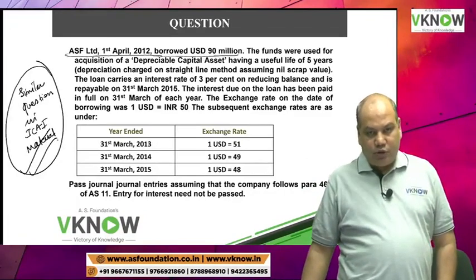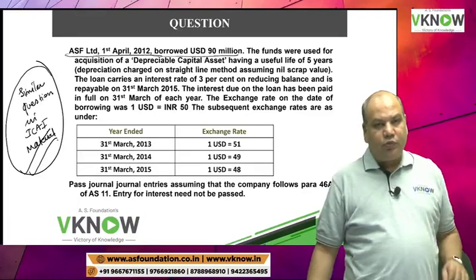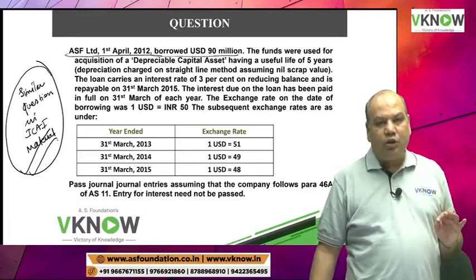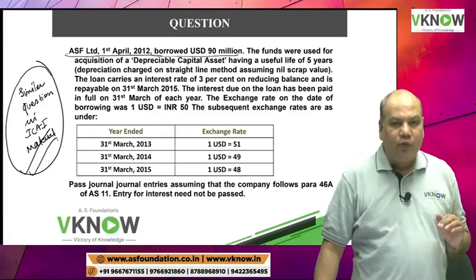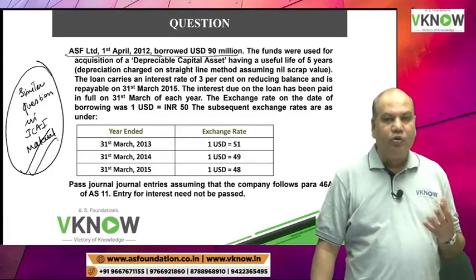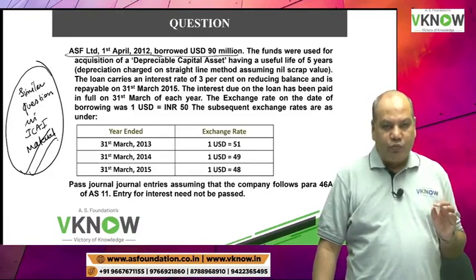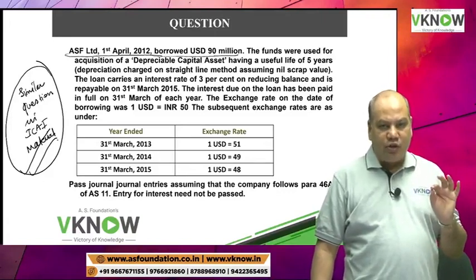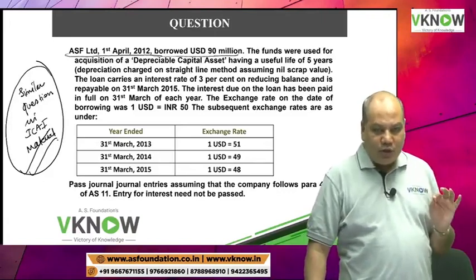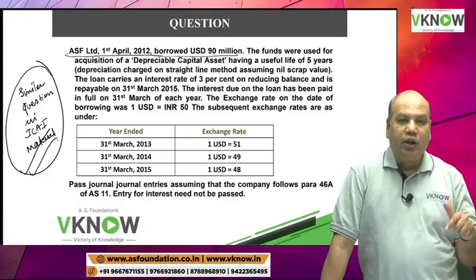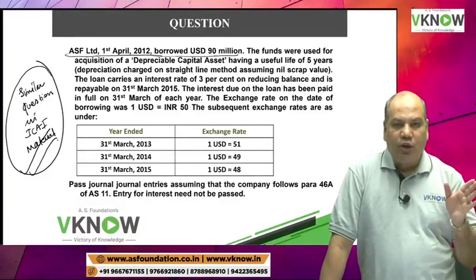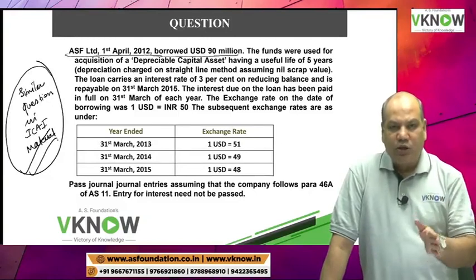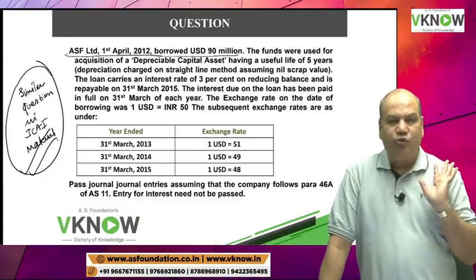So this same question, but this time the loan is taken to buy a capital asset. The useful life of the capital asset is 5 years. So we are going to adjust the exchange difference in the carrying amount of that capital asset, and we are going to depreciate it over the remaining useful life.